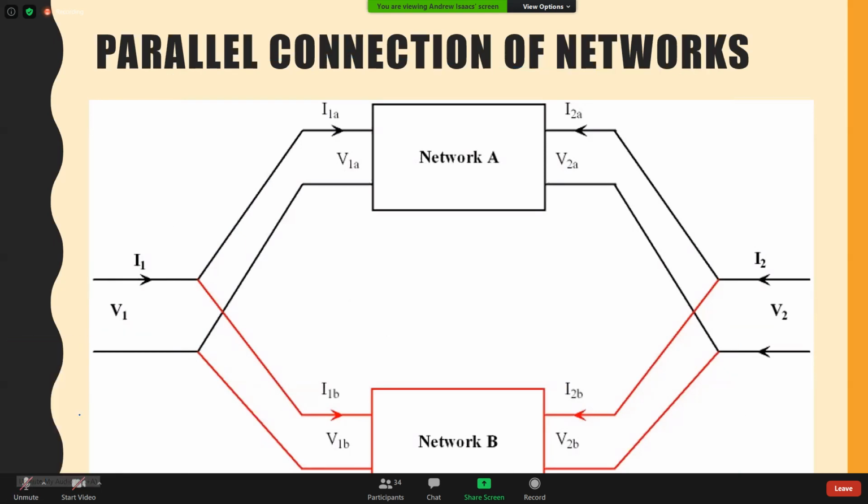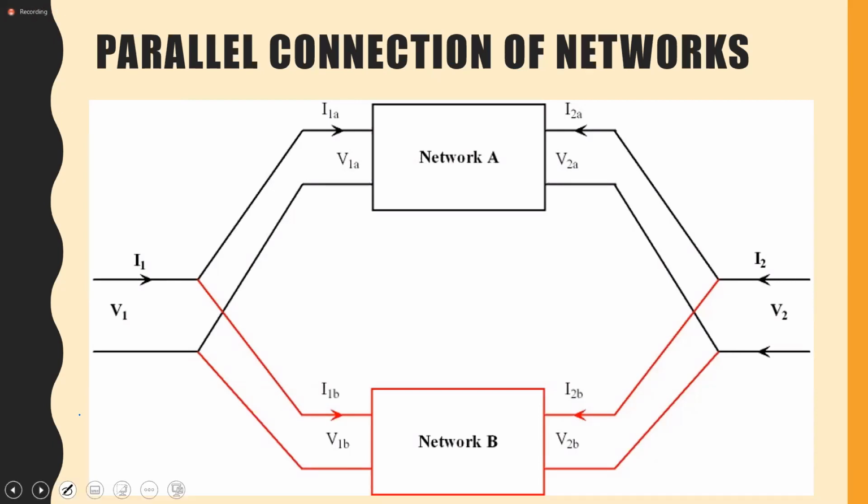All right. So our objective then is, as before, to find a set of parameters which would link I2 and V2 and V1 and I1.